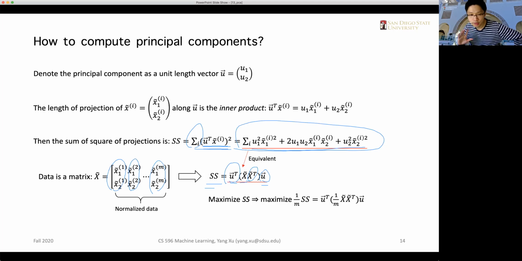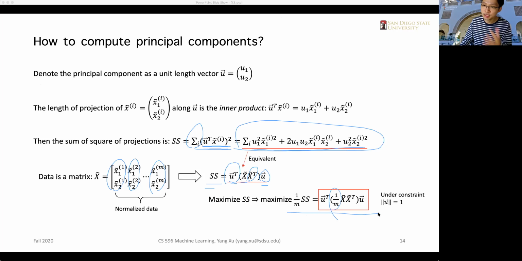And our goal is to maximize this SS. We want to maximize this quantity. And this 1/m is just for normalization, okay? It's just for ease of computation in the later steps. And this is the problem we want to solve.